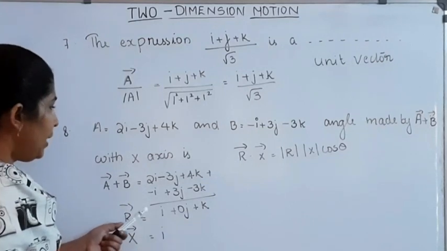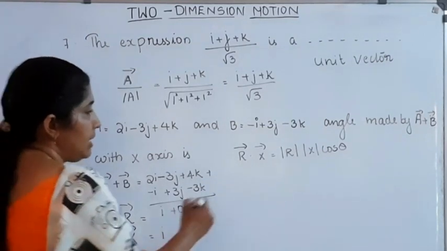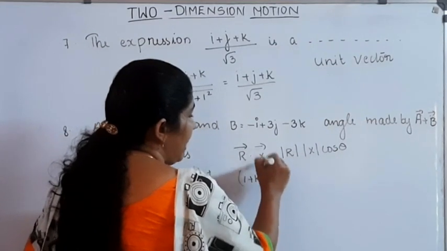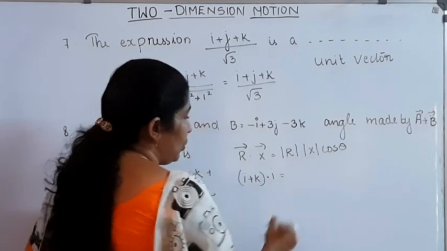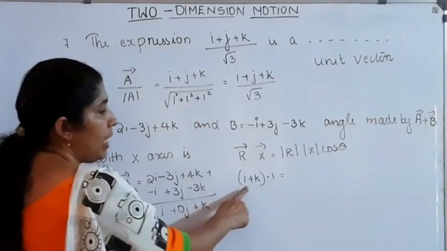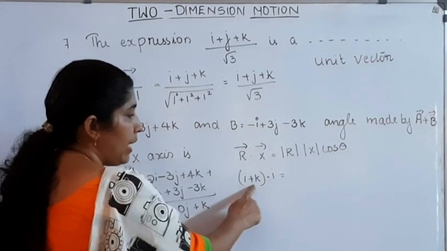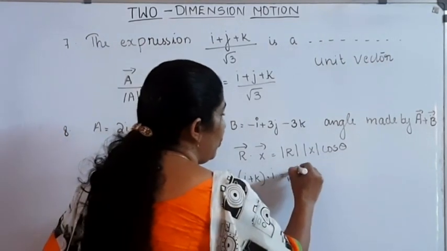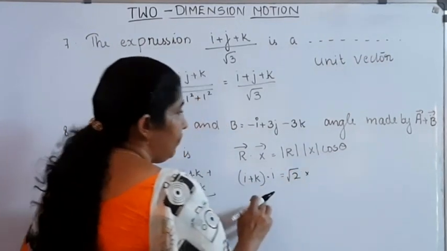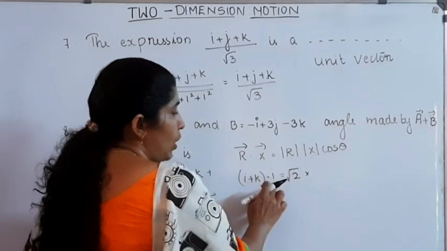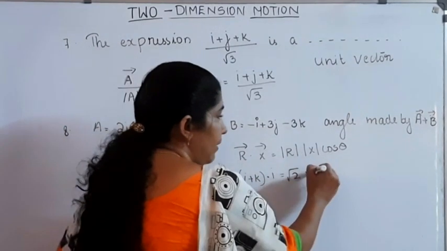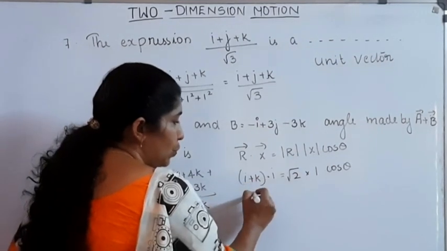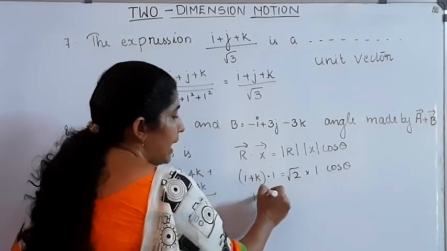Okay. Vector r is equal to i plus k, dot x-axis that is i, equal to modulus of r, which is root of 1 square plus 1 square, that is root 2, into modulus of x, which is 1, into cos theta. i dot i is equal to 1 plus i dot k is equal to 0.